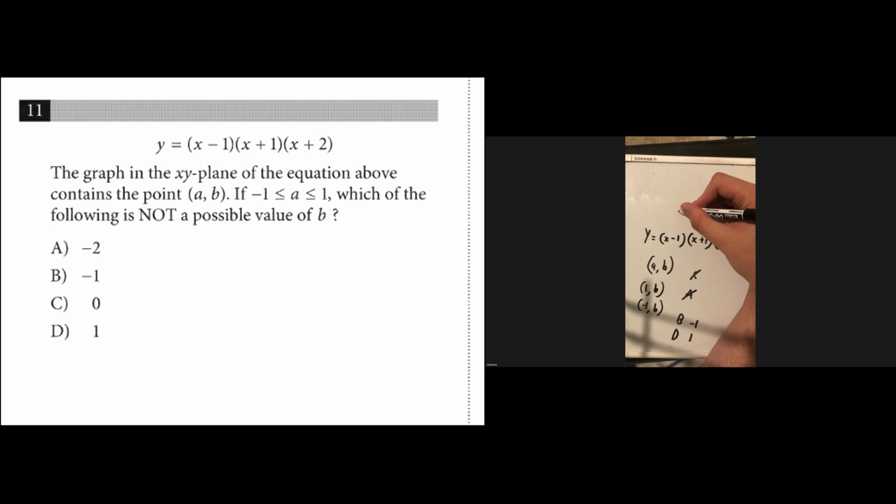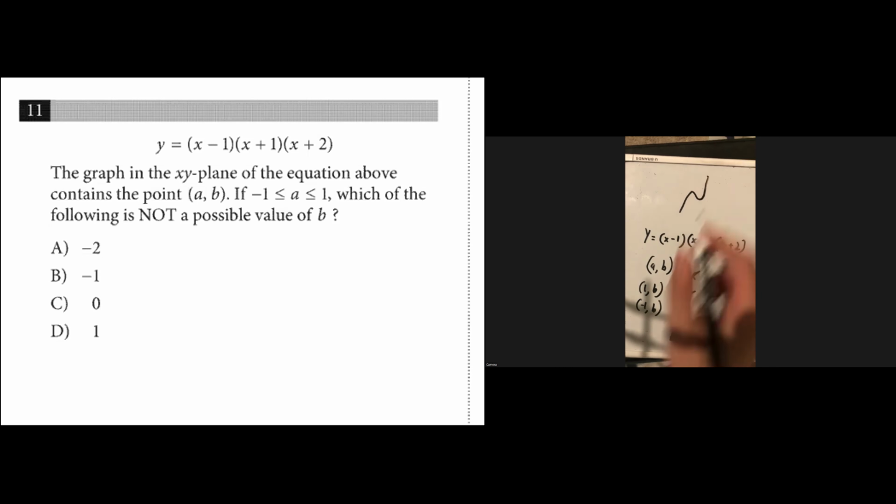So an x cubed graph always looks like this, okay? Where x squared is like a u, and then x cubed is like a curve like that.